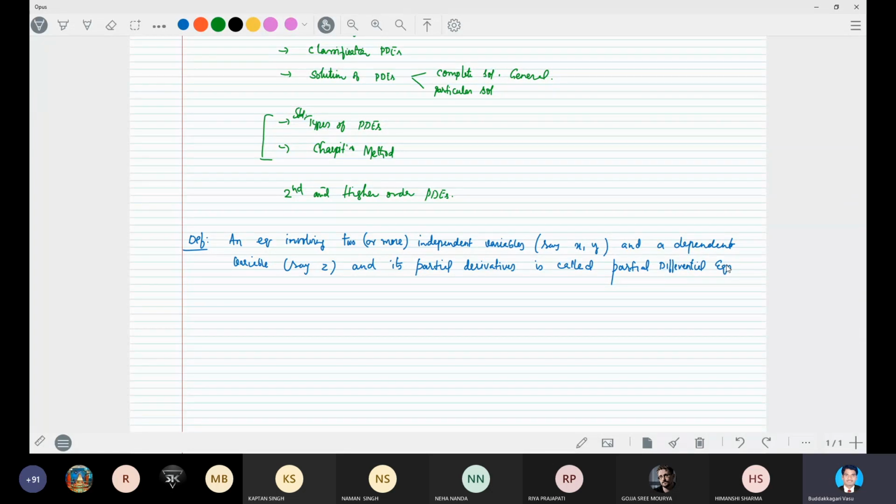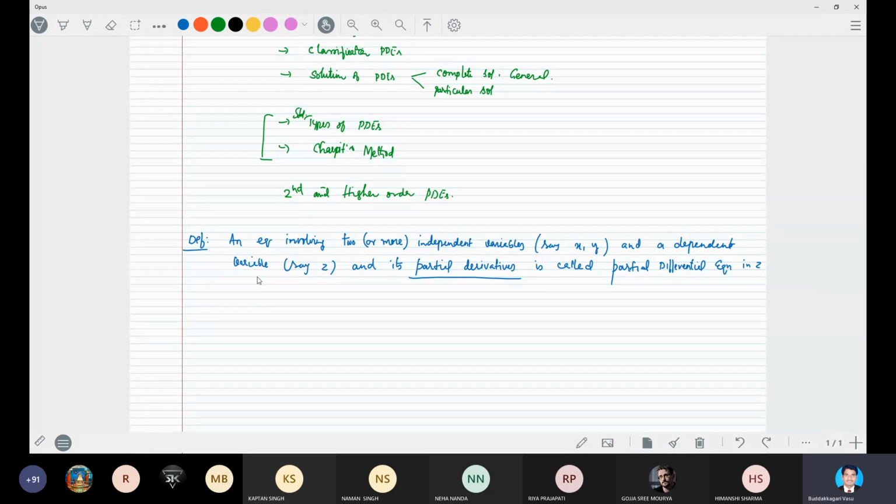Partial differential equation, where it is very, very important. So an equation involving two or more independent variables and a dependent variable, say z, and its derivatives is called a partial differential equation. Okay, this is a full-fledged definition.